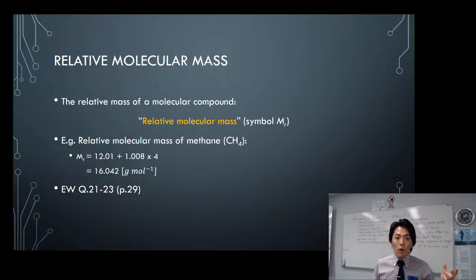So for CH4 methane gas, you have 12.01, and there are 4 lots of 1.008, which is the mass number for hydrogen. If you do the math properly, you should be able to get 16.042 as the relative molecular mass, also known as molar mass. Okay, that's molar mass. The unit is still grams per mole because you just multiplied and added things together.